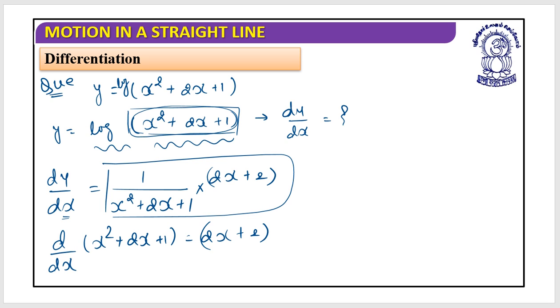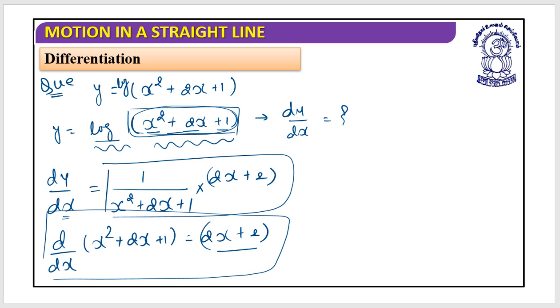Will you be able to solve this? Are you sure? Let's look at this trick again and again. Whatever the terms are there, you need to assume this and you need to differentiate it once. This is its differentiation. This is d by dx of x square plus 2x plus 1. This is 2x plus 2. Now if it is x, then d by dx of log x would be 1 by x.